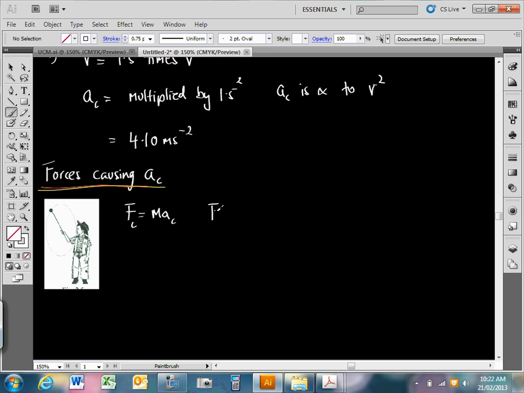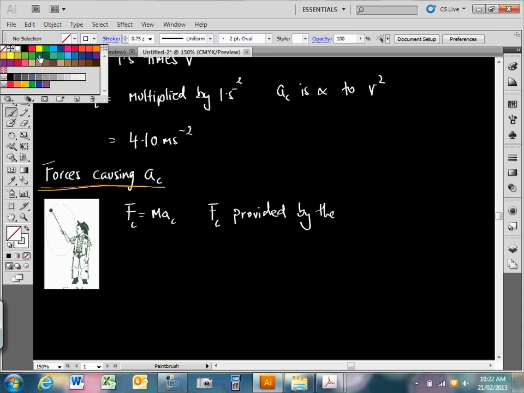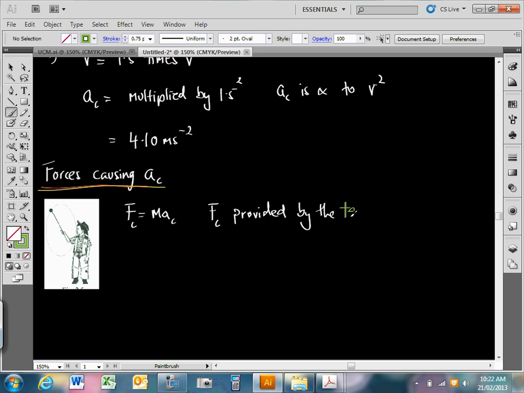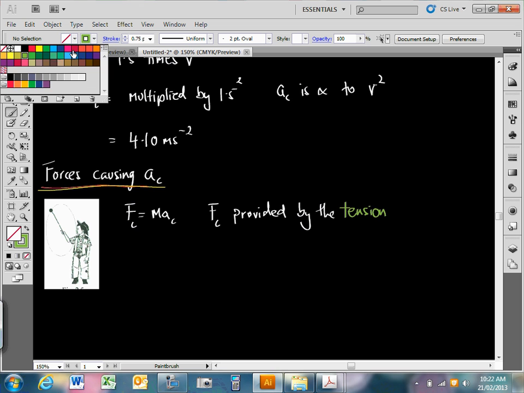That centripetal force is provided by, we call it, can anybody remember? Tension. Yeah, so the vertical, I was going to mention that, but I decided not to. He's swinging it vertically.